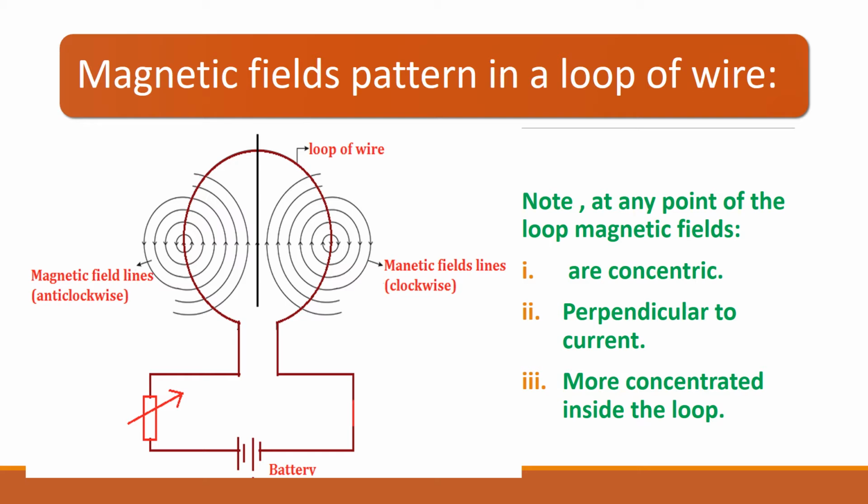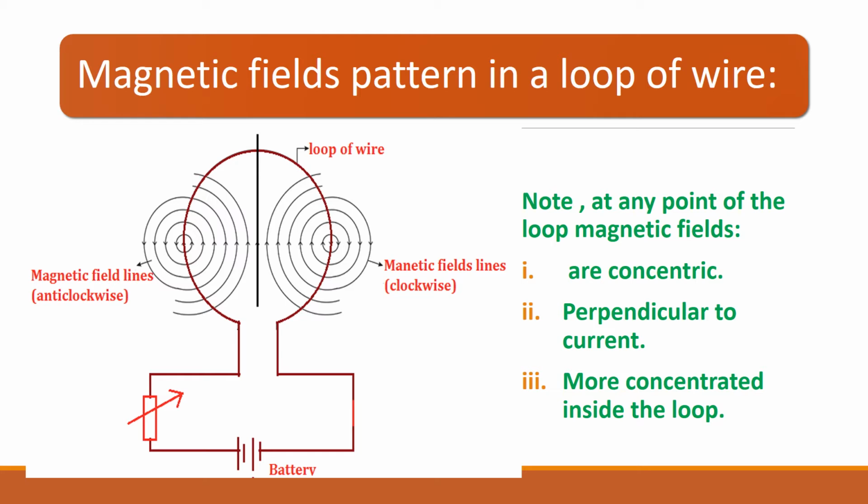Two, they are perpendicular to the direction of current. And last, they are more concentrated inside the loop than outside the loop. So as current is flowing, magnetic field patterns form on the loop, where more fields form inside the loop than outside the loop.